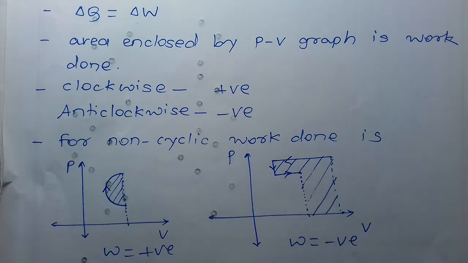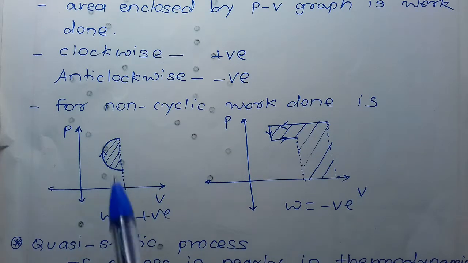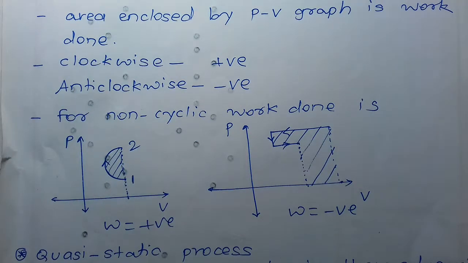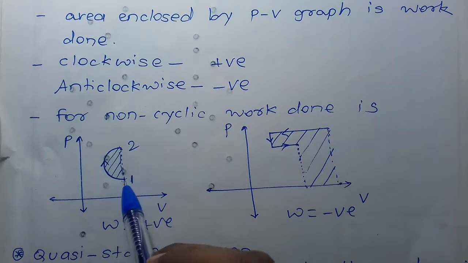For a non-cyclic process, work done is calculated like this. If the process goes from the initial point to the last point, then we have to draw two vertical lines from point 1 and point 2. Here both lines are overlapping, and we have to find the enclosed area.